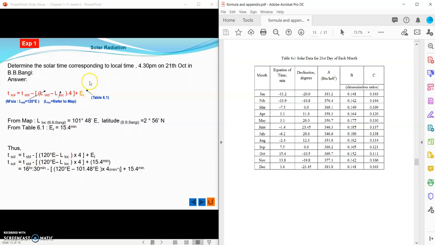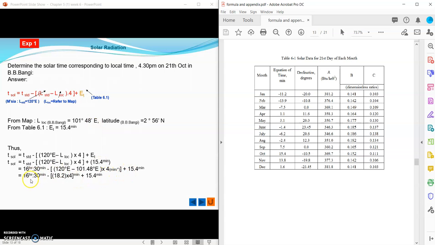The time standard given is 4:30 p.m., which is 16 hours and 30 minutes, minus (120 minus 101.48) times 4 plus 15.4.